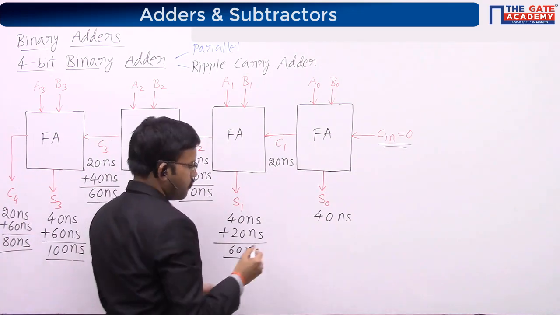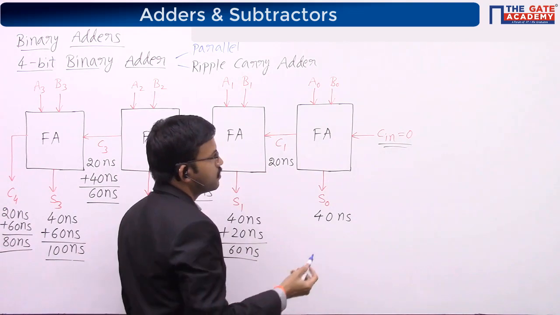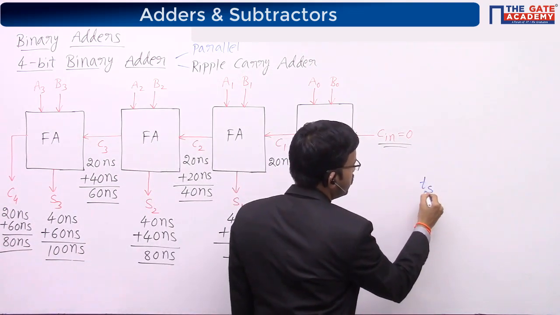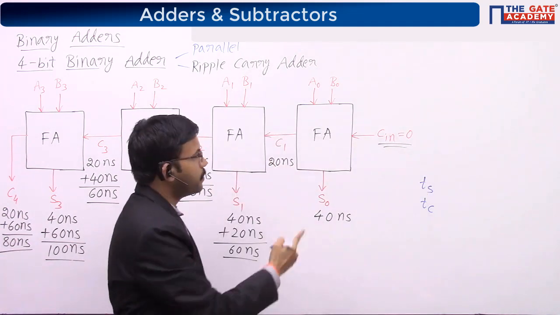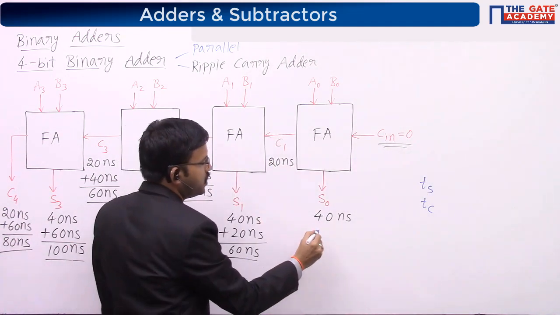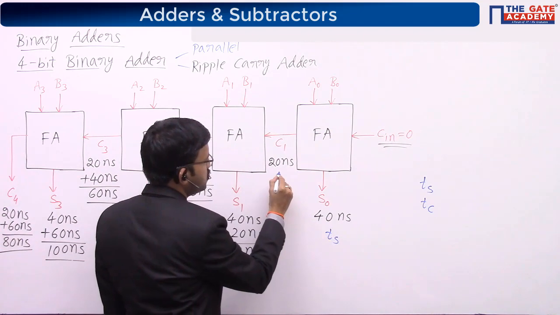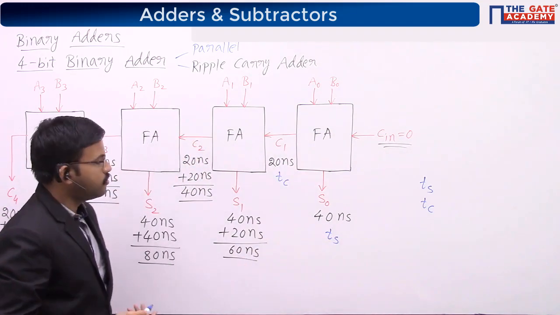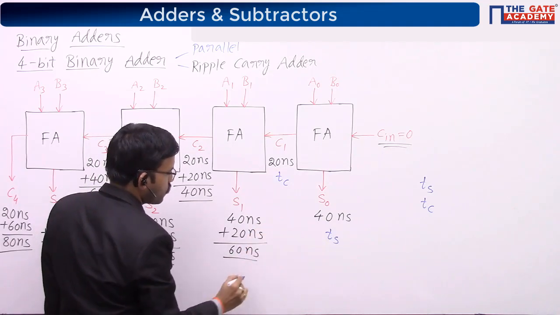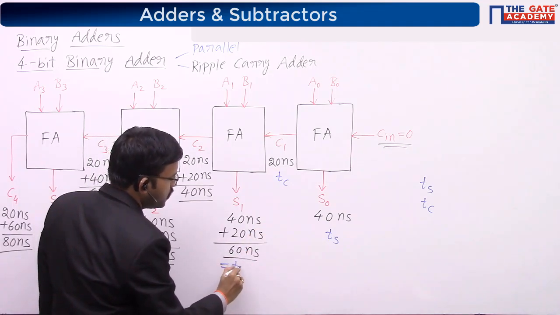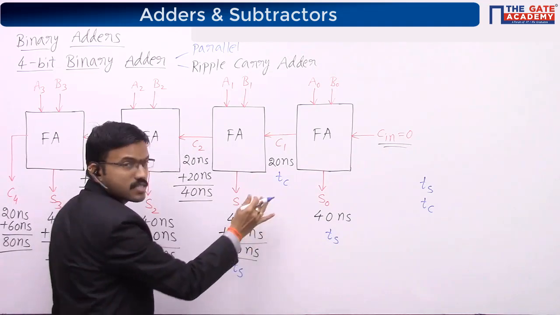See here, for producing sum, it requires Ts time. For producing carry, Tc, for a particular full adder. So here, this is Ts, this is Tc. Now what I have done here: 16 nanoseconds is nothing but Ts plus Tc.